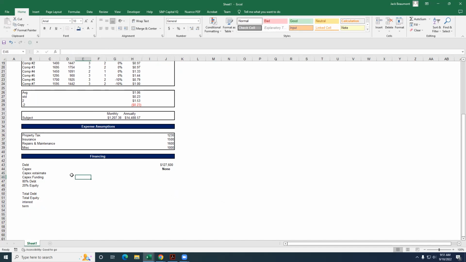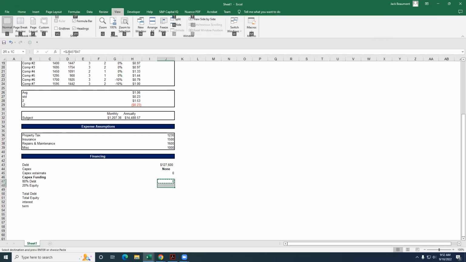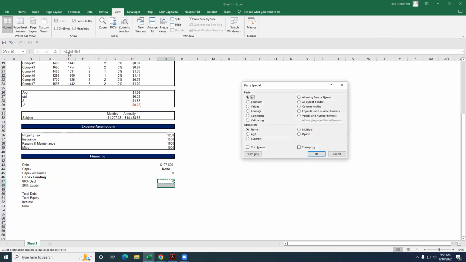So the funding will just equal, so here we'll do equals 0. So the funding is going to equal this times this. I forgot to anchor this up here. It's 4.